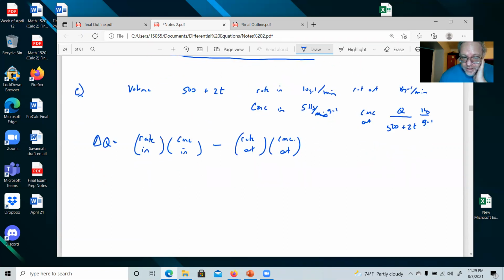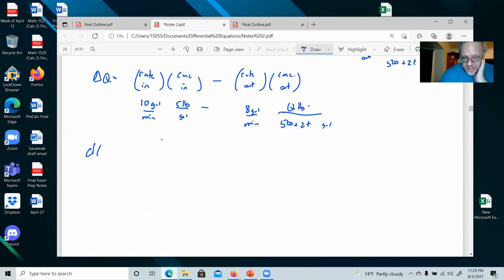Our rate in is 10 gallons per minute, concentration in is 5 pounds per gallon, so again the gallons disappear. Minus our rate out. How fast is this leaking out? It's leaking out at 8 gallons per minute, but the concentration is Q pounds over the volume, and the volume is changing, so that's 500 plus 2t gallons. Gallons cancel, and we have pounds per minute.